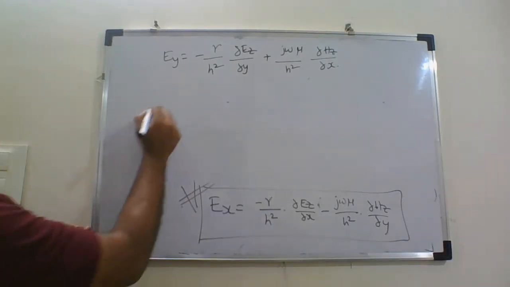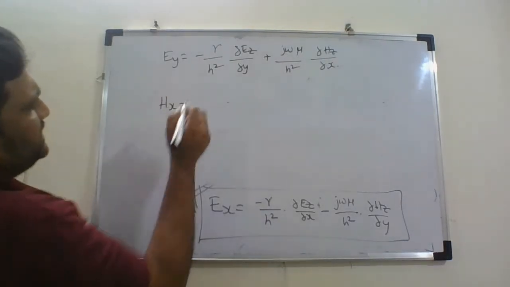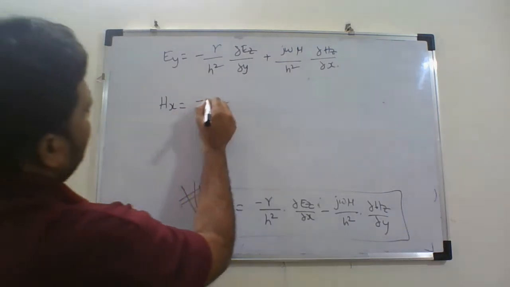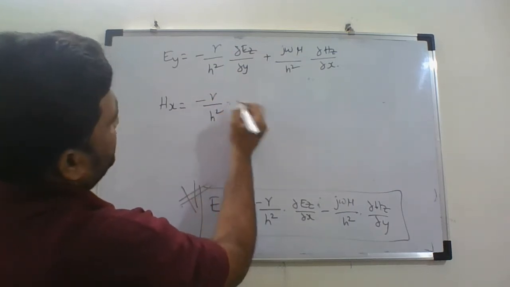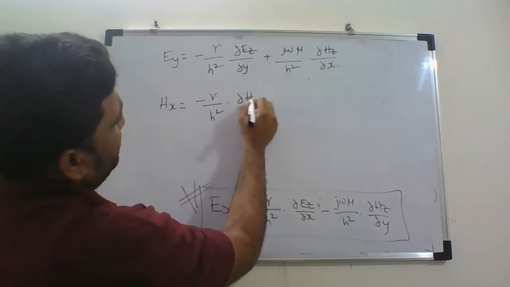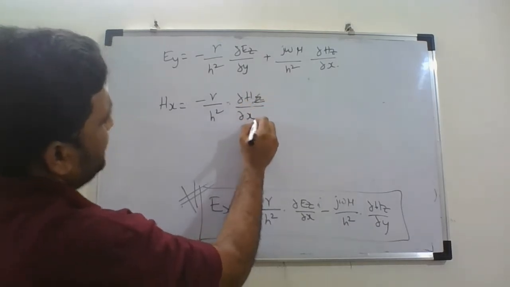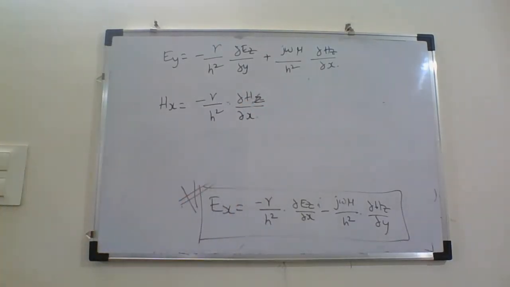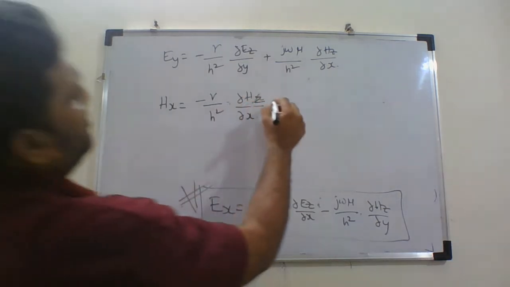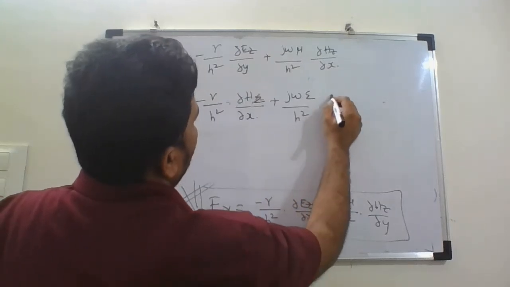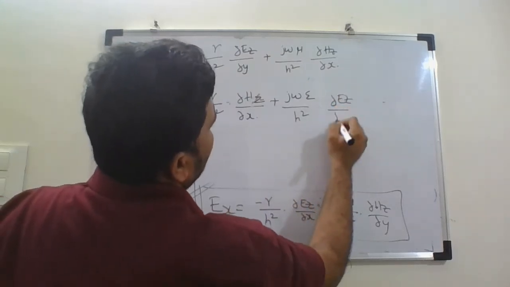Next, the expression for Hx will be equal to minus gamma by h square into dou Hz by dou x, and plus j omega epsilon by h square into dou Ez by dou y.